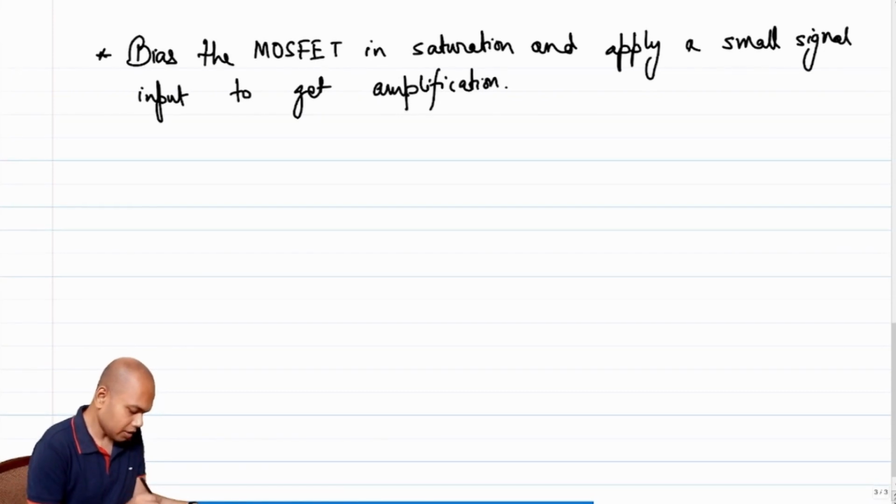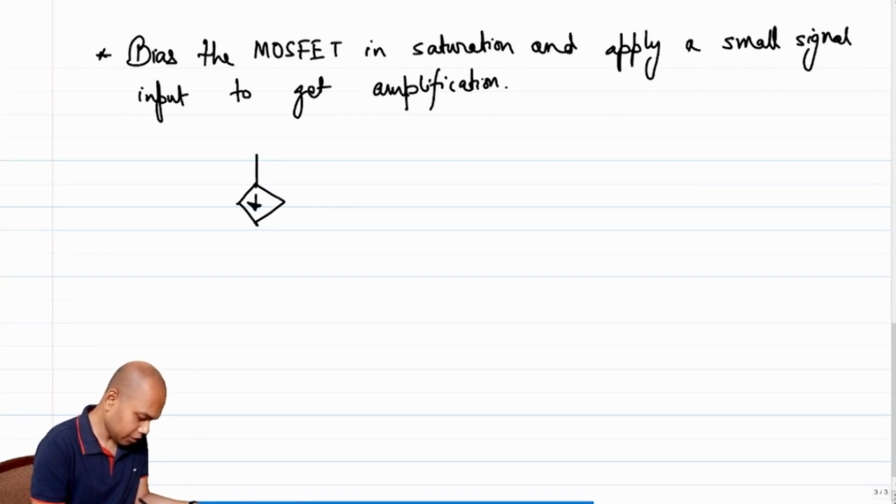So what is the incremental model of our MOSFET? The incremental picture of our MOSFET is this.